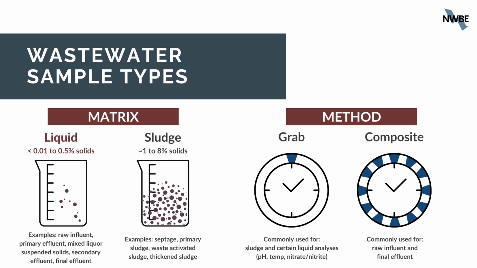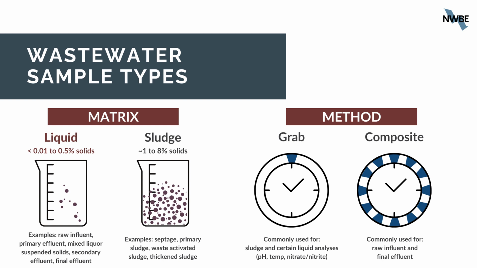So just like for wastewater surveillance samples, water quality monitoring samples in the wastewater collection and treatment system can be taken from different matrices. Usually these samples are either taken from a liquid matrix or a sludge or solids matrix. Liquid samples can include things like raw influent, primary effluent, mixed liquor suspended solids or MLSS, secondary effluent or final effluent.